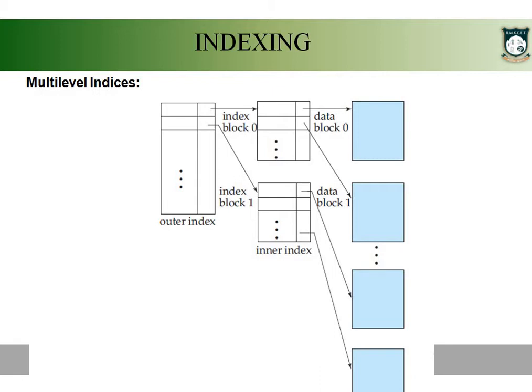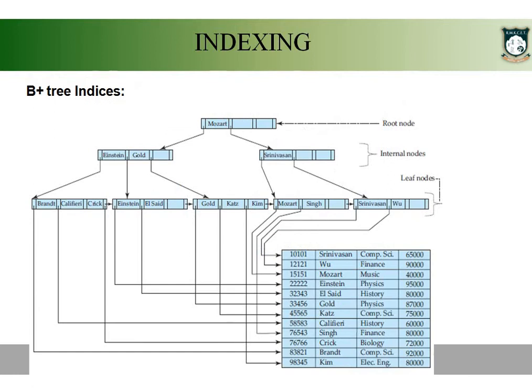We can call it the outer index. Like this you can create an index file for the already created index file. Our ultimate aim is to ensure that the index file can be accommodated in main memory. Only then can you get better performance of indexing. Fine, so this is what indexing is.